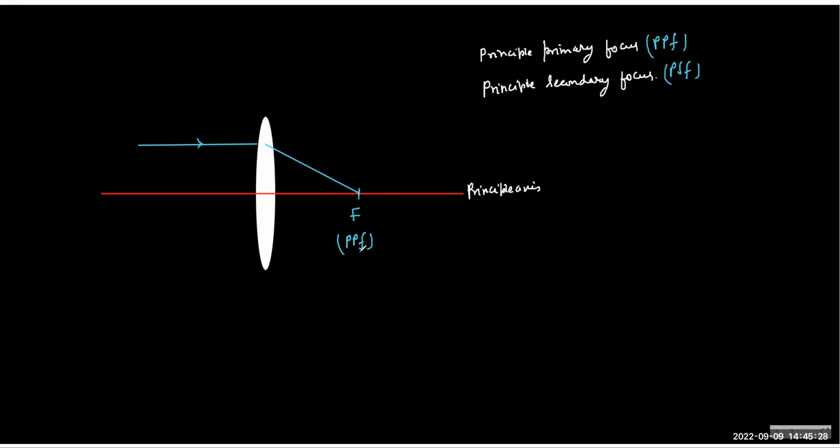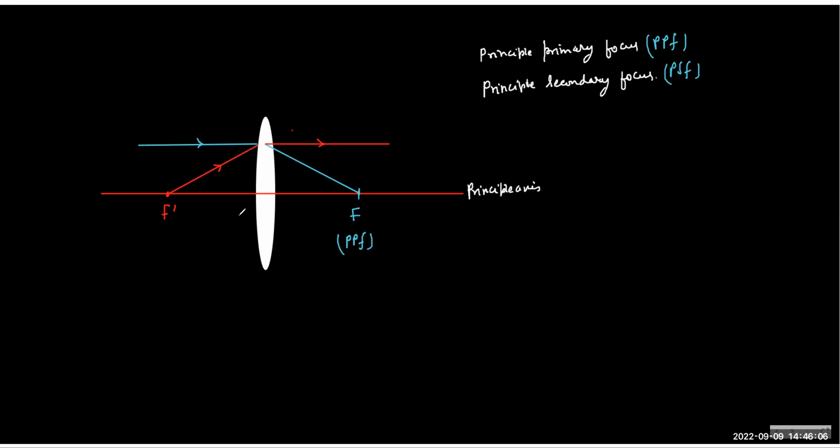So what is the principal secondary focus? It is actually the point at which if you keep the object, then the light ray traveling after refraction becomes parallel to the principal axis, which is in accordance with the principle of reversibility of light.